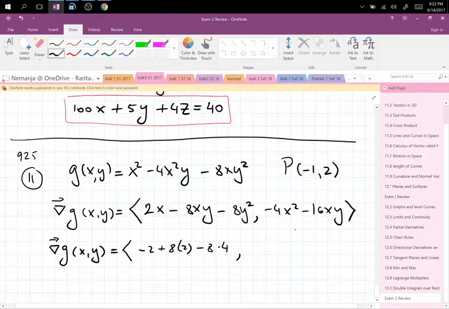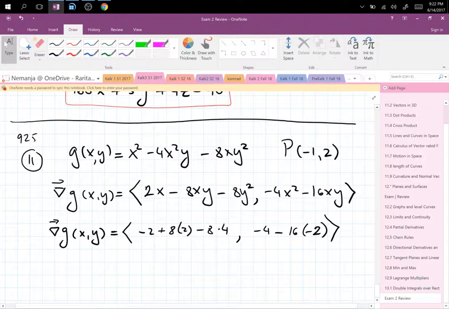And the second one is negative 4 minus 16 times negative 2 when I plug everything in together. So del g computed at negative 1, 2 is 16 minus negative 16, negative 18, and that's 32, 28.